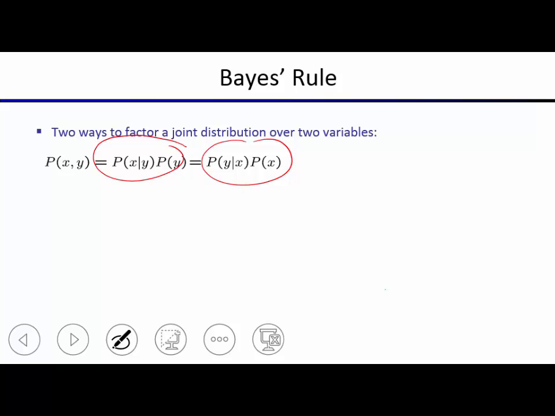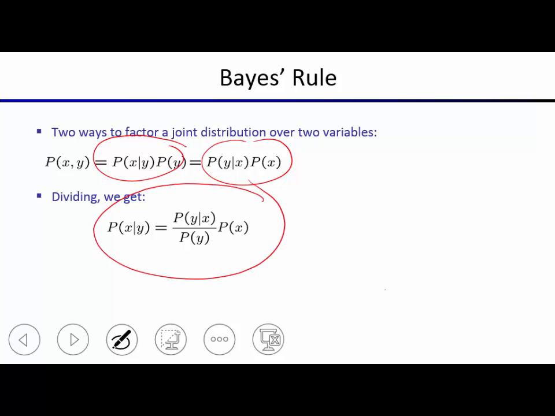You can use this to get that the conditional for x given y is expressed as a conditional of y given x, and then there's also probability of y and probability of x. That is Bayes' rule. It directly follows from the definition of conditional probability, which implies the product rule, which in turn implies Bayes' rule.